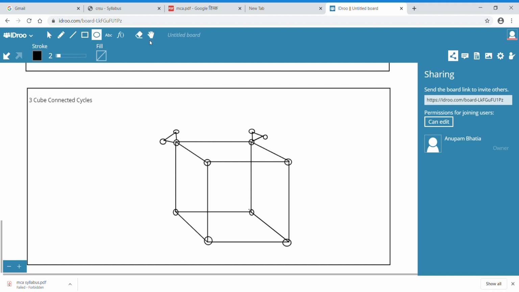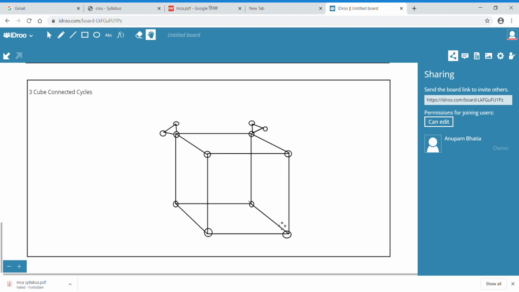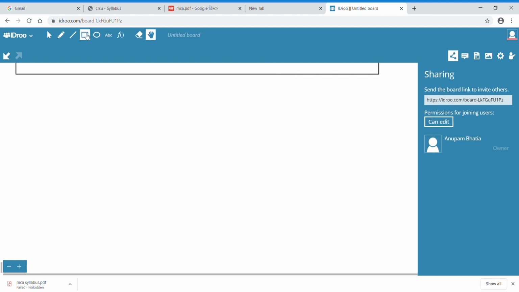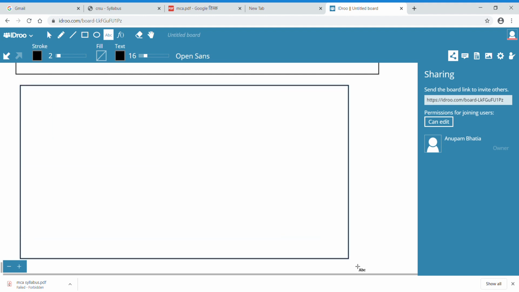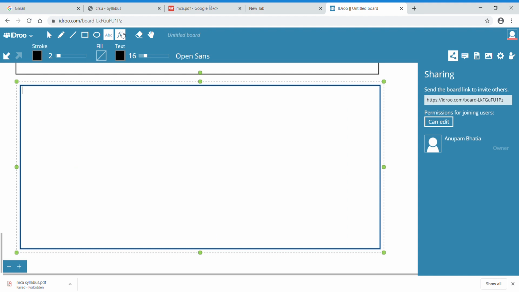And the next one is a completely connected network. In this network, every node is connected with the rest of all the nodes.